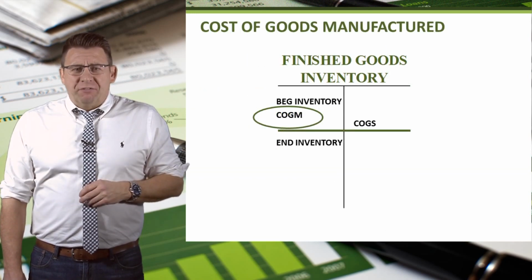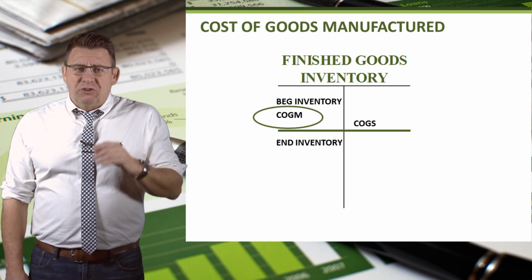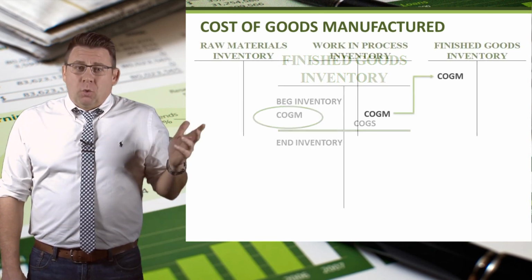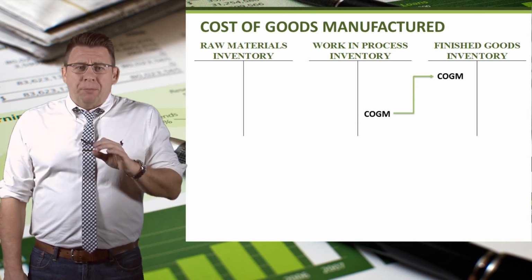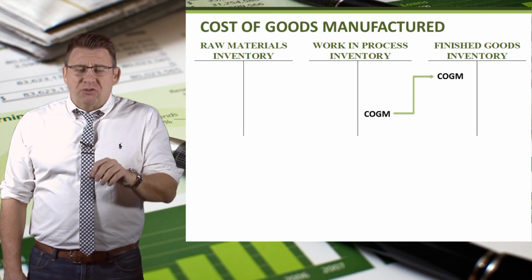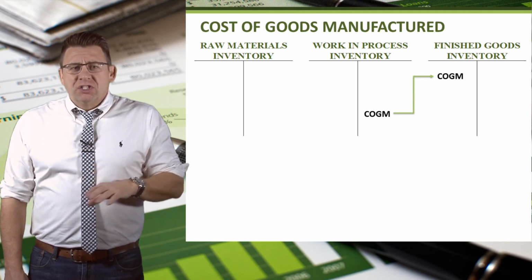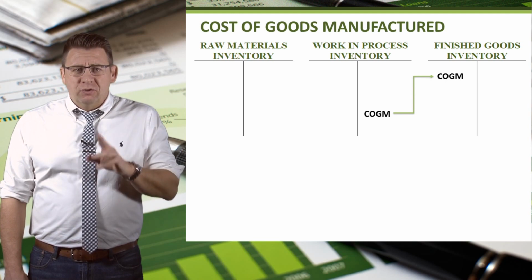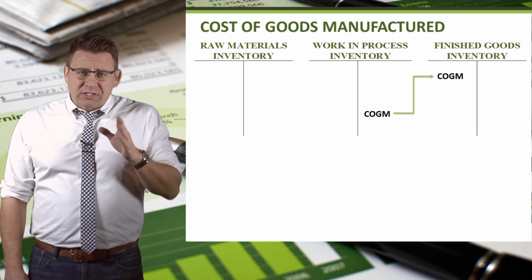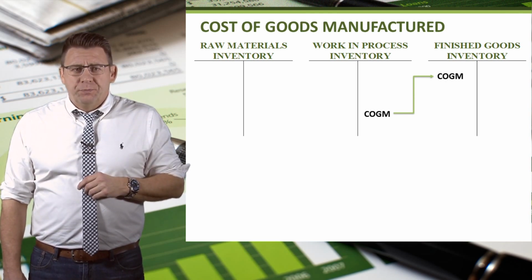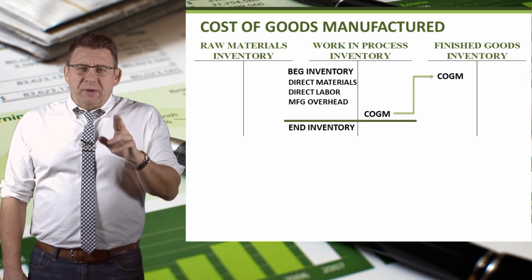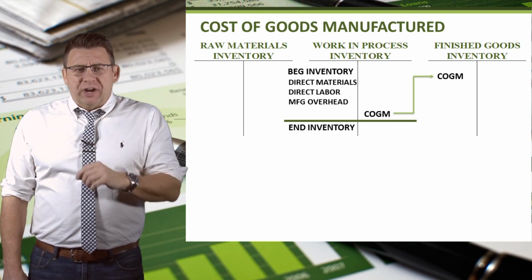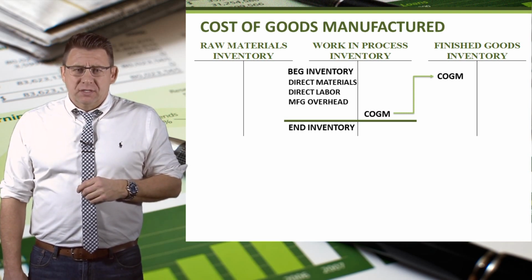So the cost of goods manufactured is a debit to finished goods inventory. But what account is credited? Well, cost of goods manufactured represents the cost of our manufactured and completed products. So it's the credit to move the cost from WIP to FGI. And that amount is the cost of goods manufactured. In fact, the cost of goods manufactured is just a numeric schedule or report that demonstrates what's happening in the WIP account.